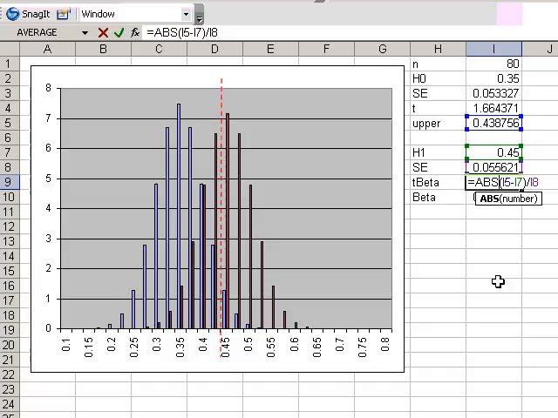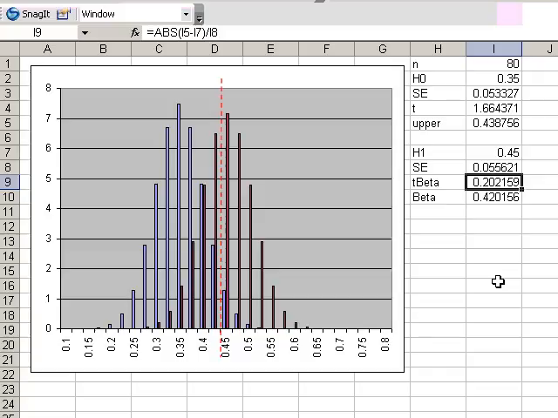That gives us a t-value that represents the number of t units that the upper limit for 0.35 is below the mean for 0.45. In this case, it is only 0.2 t units.